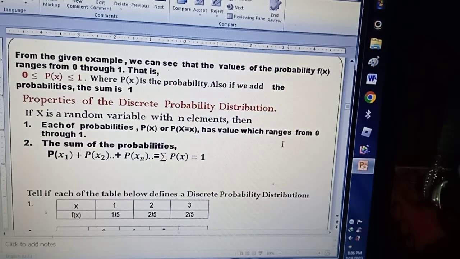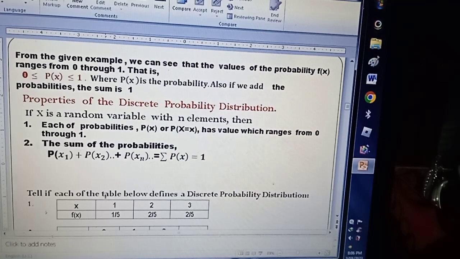And number 2, the sum of the probabilities, that is P of x sub 1 plus P of x sub 2 plus P of x sub n, equals the summation of P of x, which is equal to 1.